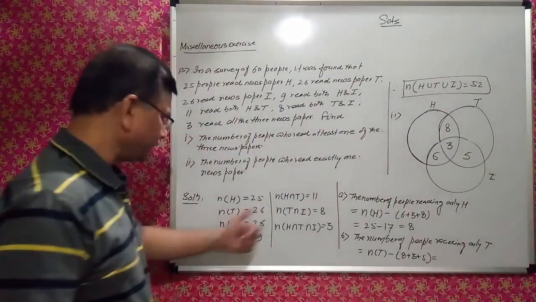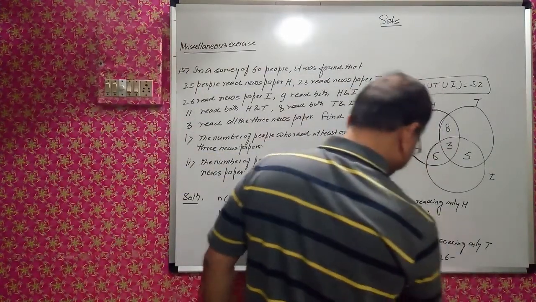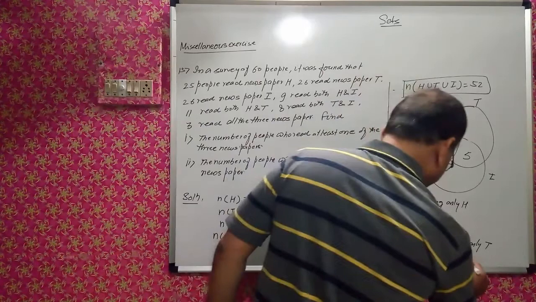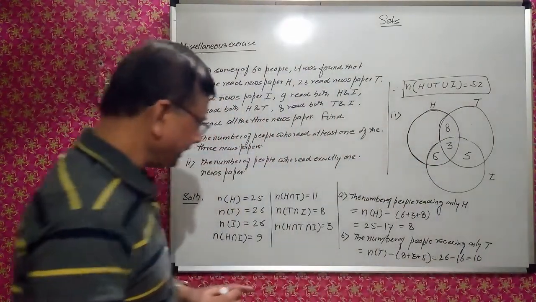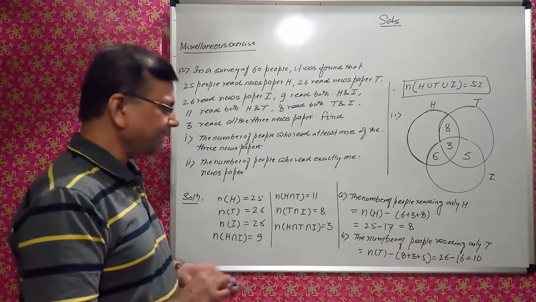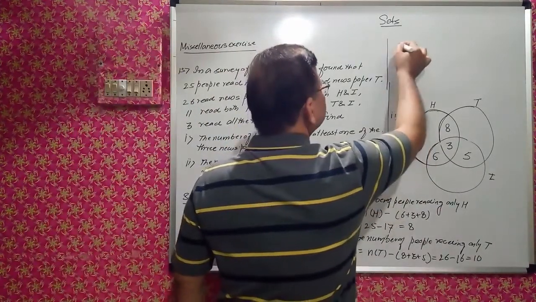NT is how much? 26. So 26 minus 16, that is equal to 10. So 10 people are reading exactly the T newspaper.